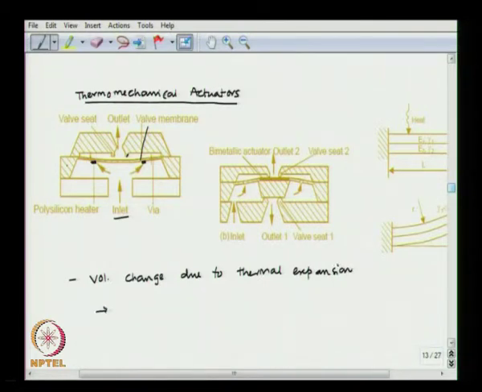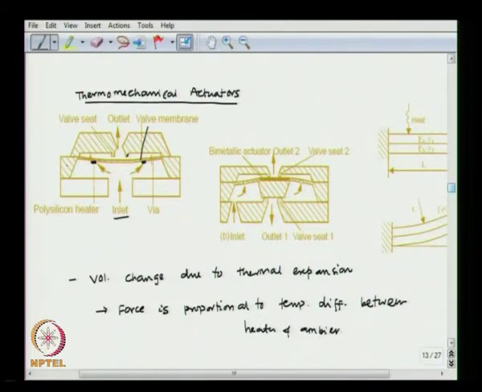And the force that develops because of thermal expansion is proportional to the temperature difference between the heater and ambient.